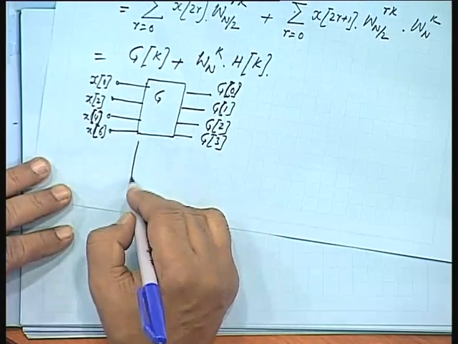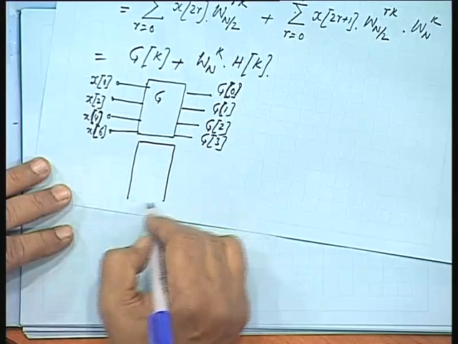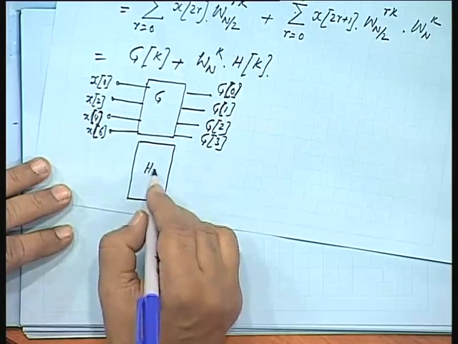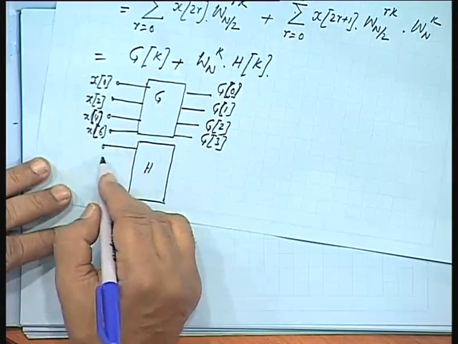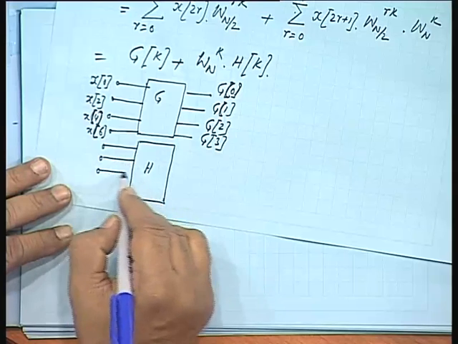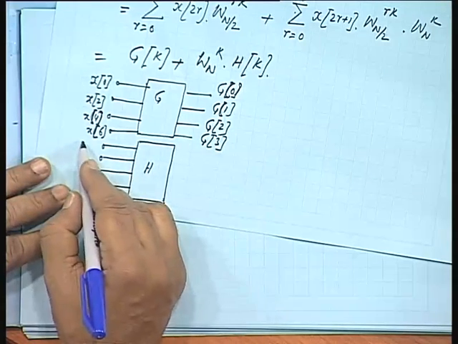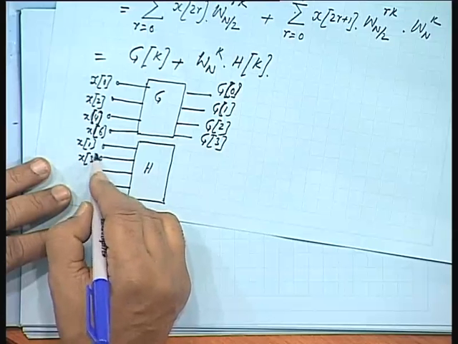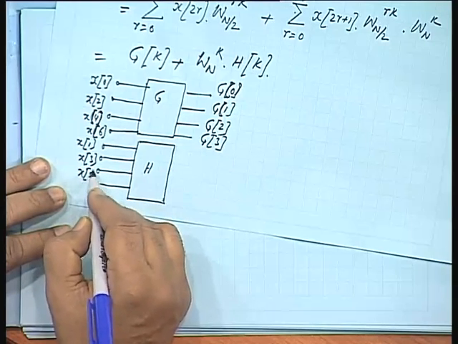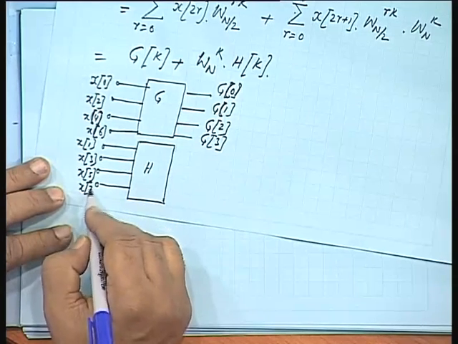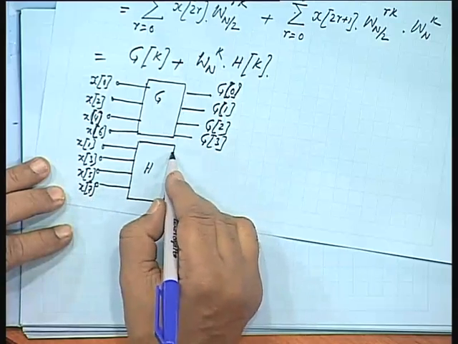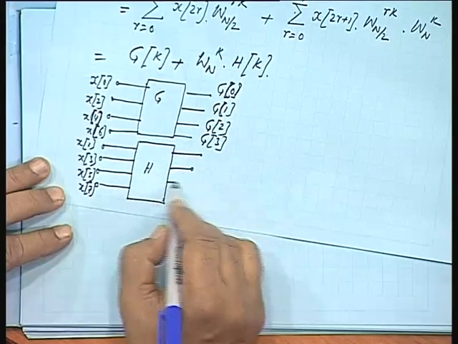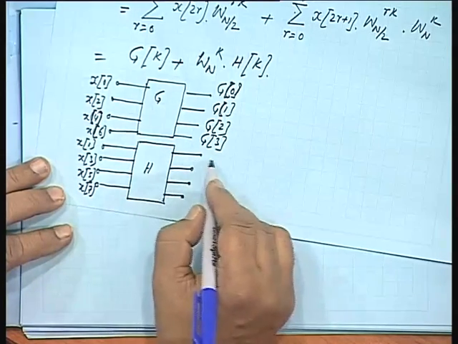And similarly here H, which is having inputs like x1, x3, x5 and x7. I will get H0, H1, H2, H3.